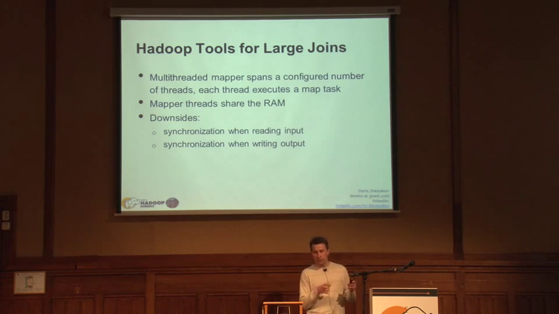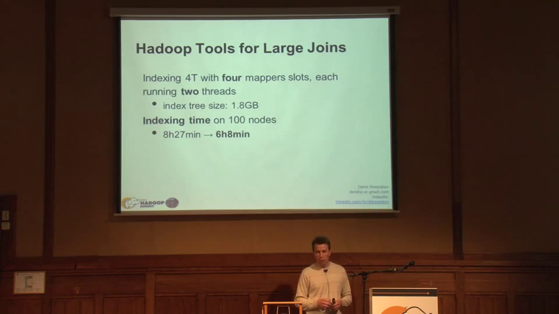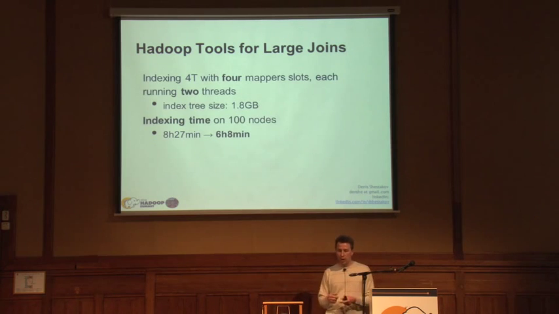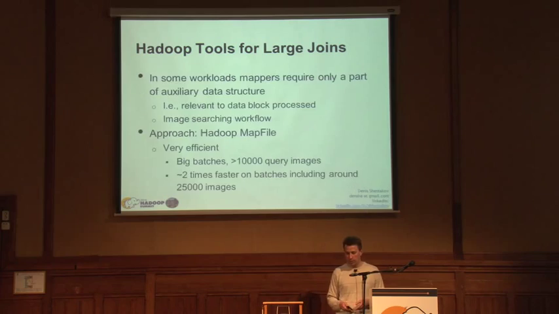Actually, with the current implementation that we worked with, there are downsides. There are synchronization locks when the mappers read and write the data, so it wasn't possible to spawn, say, 10 threads. What we came up with was spawning just 2 threads, and it was quite helpful. We were able to decrease the indexing time by approximately 30%.